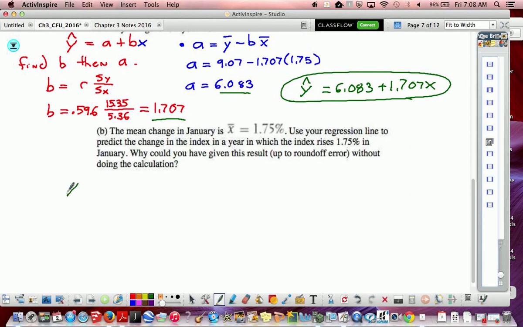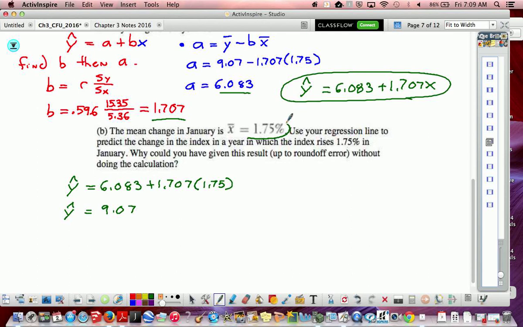So one of the things you could have done is said, all right, y hat equals 6.083 plus 1.707, and you're replacing x with 1.75. So if we plug this in our calculator and round it, we should get 9.07. Now here's the thing. The question becomes, why could you have done this without calculating it?